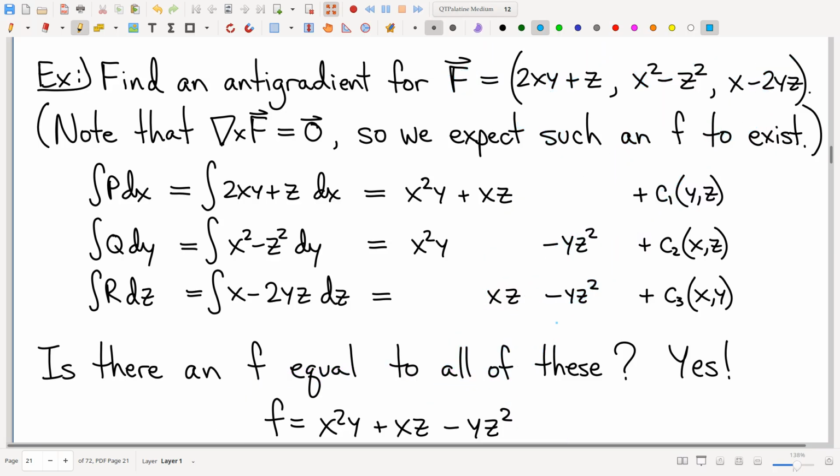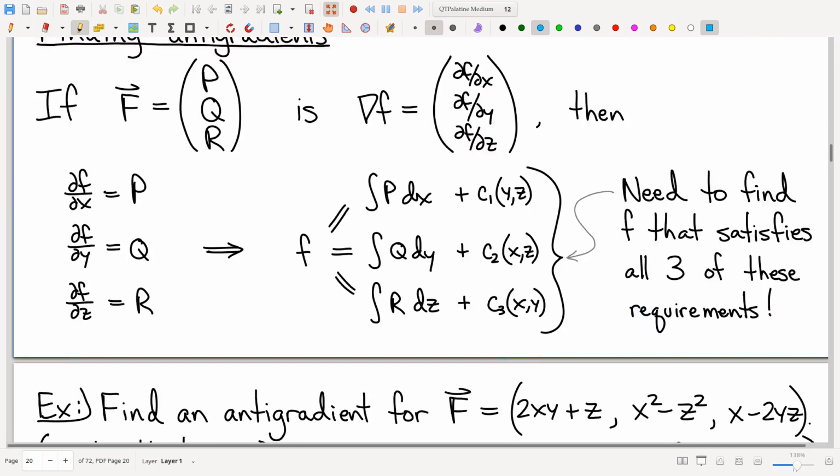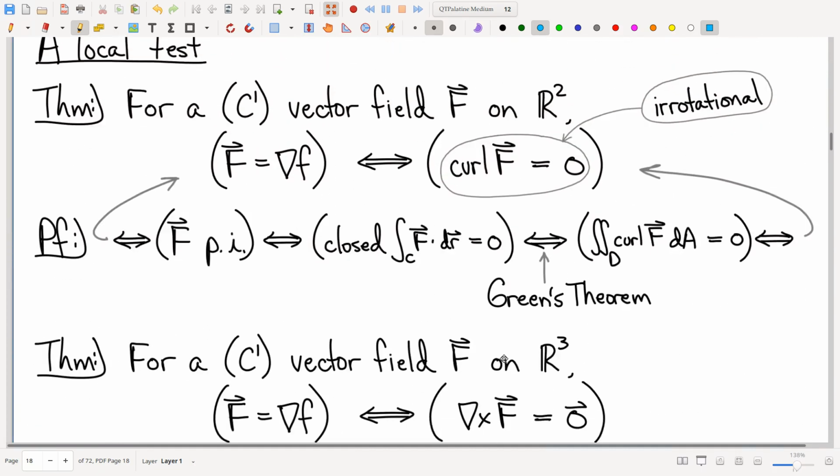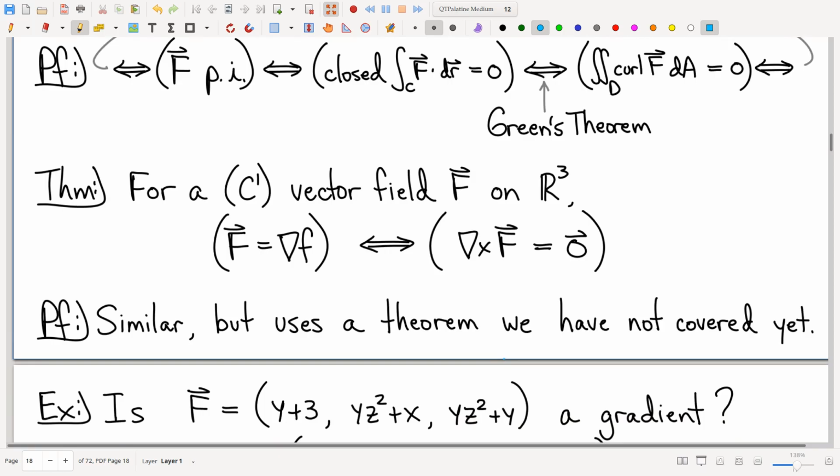Cool. Doesn't always work. Shouldn't always work, right? Let me remind you, not everything is a gradient, right? In fact, we have this test to even decide if something is a gradient. This has got to be true, and of course, not every vector field is going to have curl equal to 0, right?